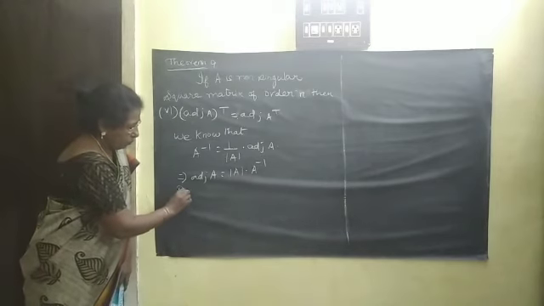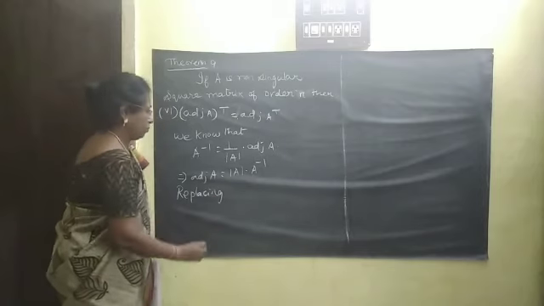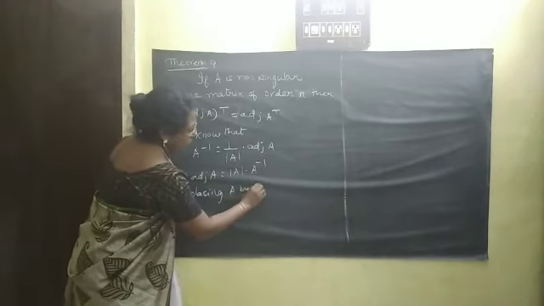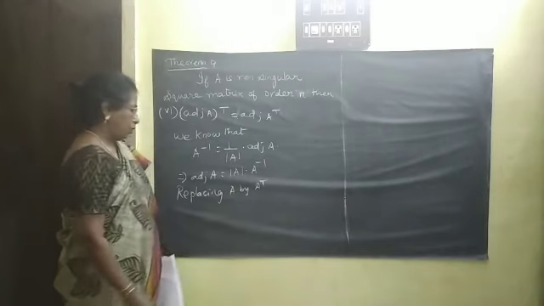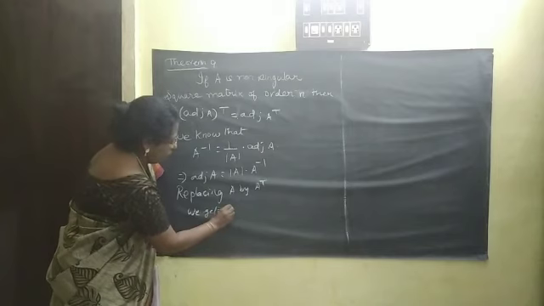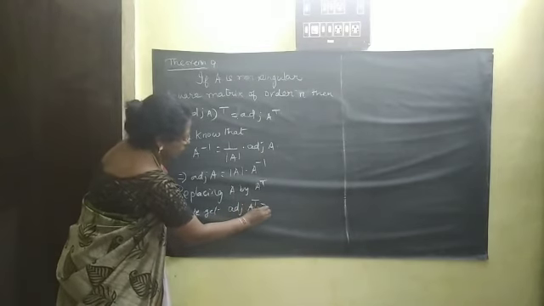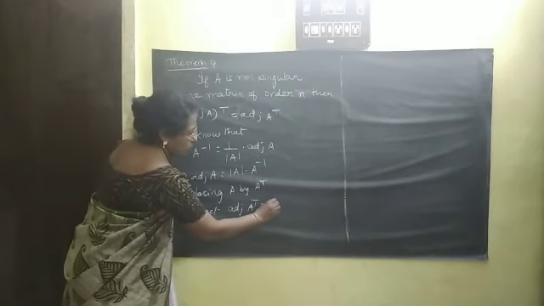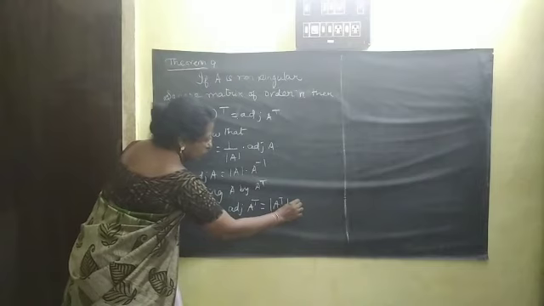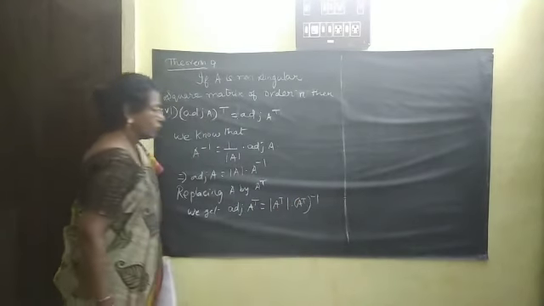Replacing A by A transpose, we get adjugate of A transpose is equal to determinant A transpose into A transpose the whole inverse.